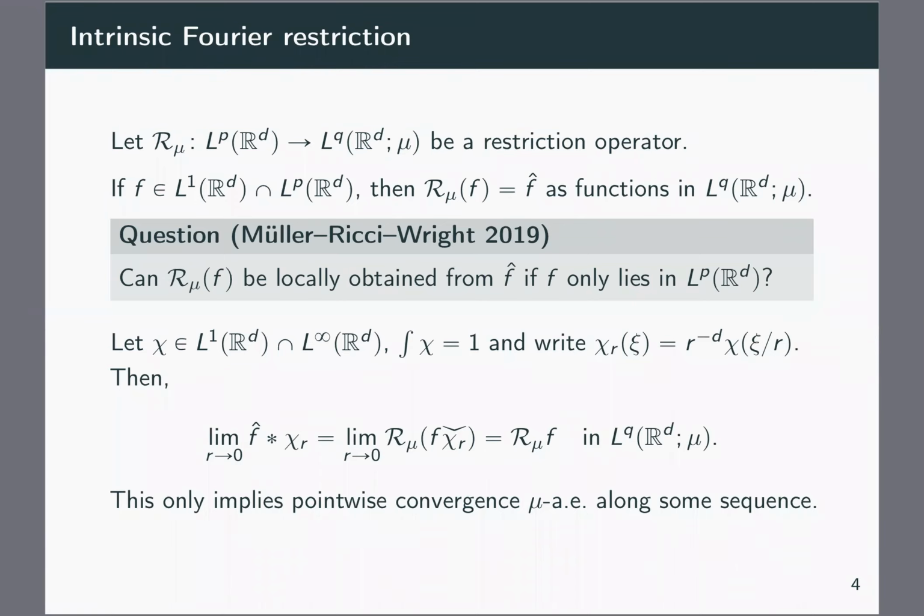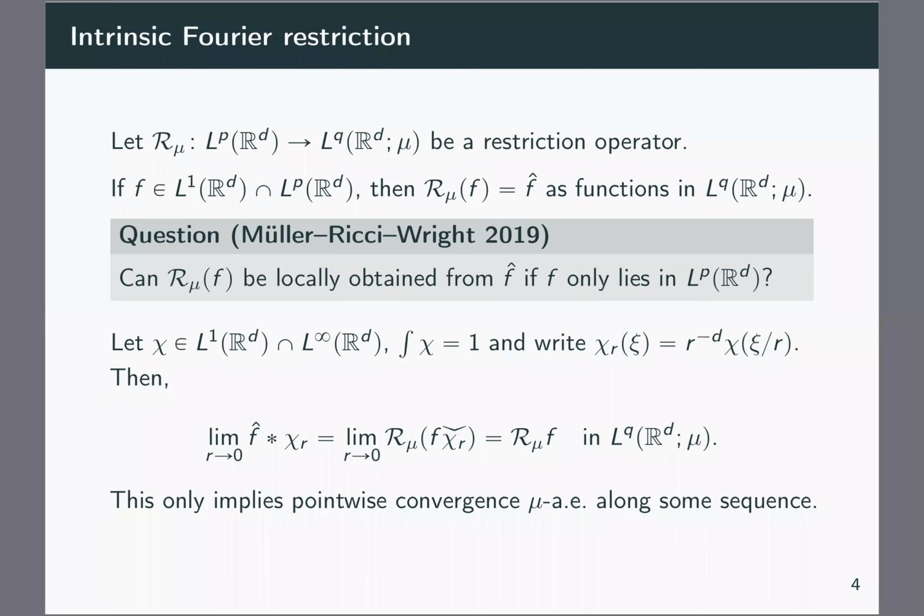That's because f chi_r check is both integrable and in L^p. Furthermore, if we take the limit as r goes to 0, this will converge to R_mu f because the restriction operator is bounded. This convergence takes place in L^q of mu, and in particular it implies that we have pointwise convergence mu almost everywhere along some sequence of radii r_k that go to 0.